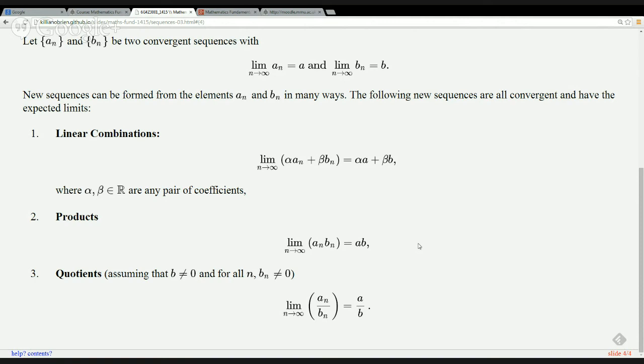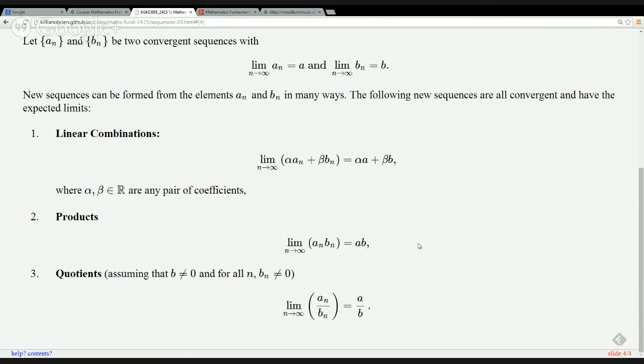Notice now that if our index n is bigger than capital N, and capital N is the maximum of n1 and n2, then both these inequalities hold. So the absolute value of an times bn, I'm trying to prove this converges to 0. So I want to prove that if I go out sufficiently far along the sequence, this is less than epsilon. Well, I know it's equal to the product of the two absolute values.